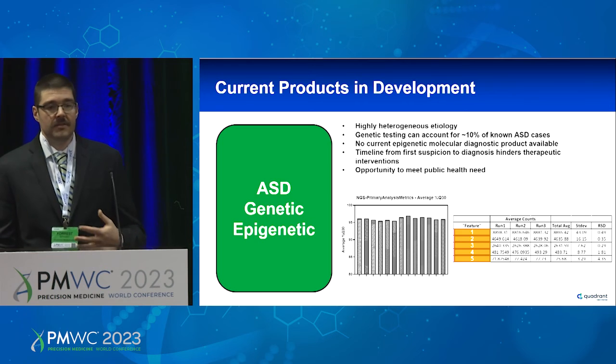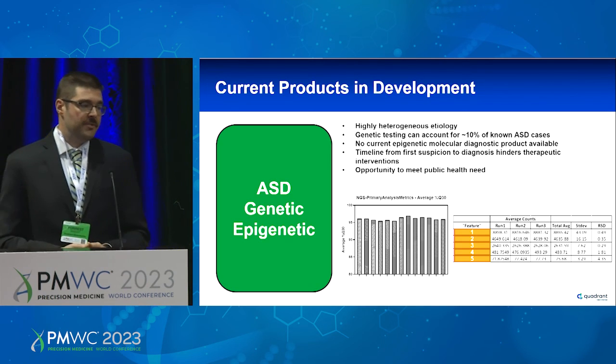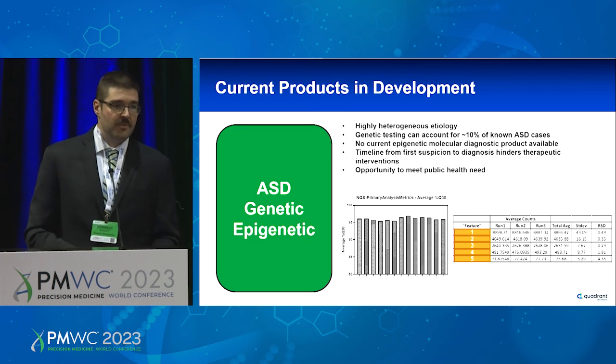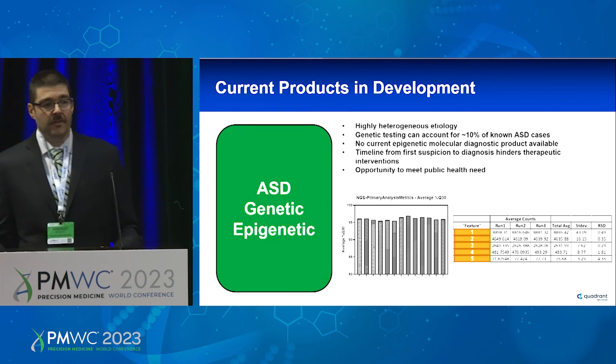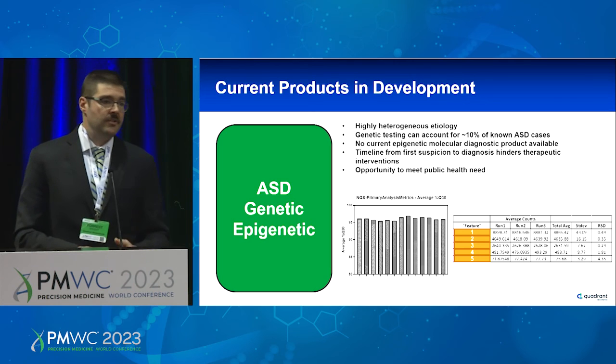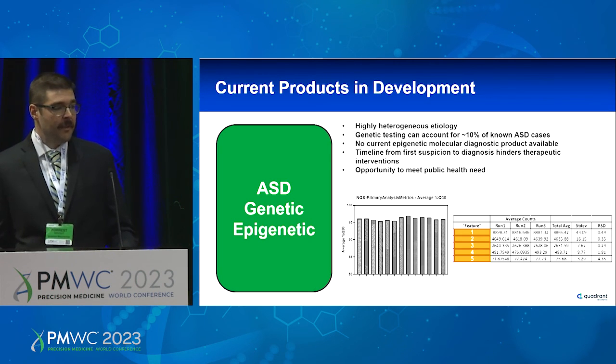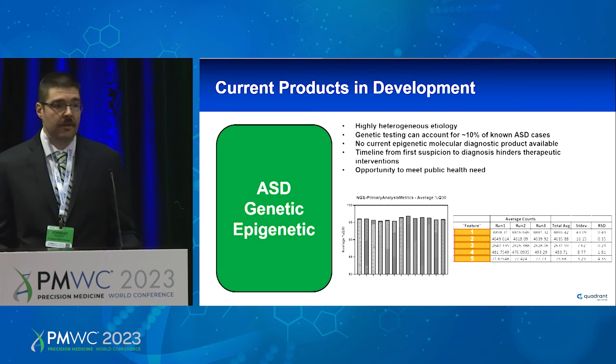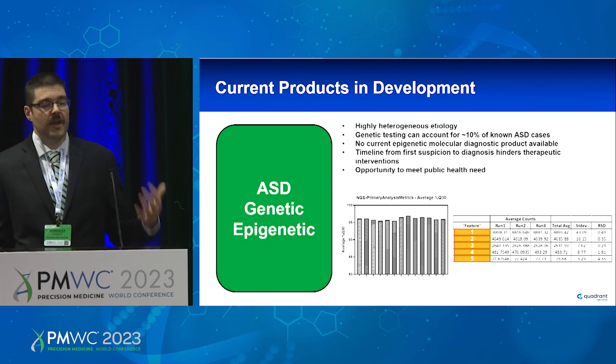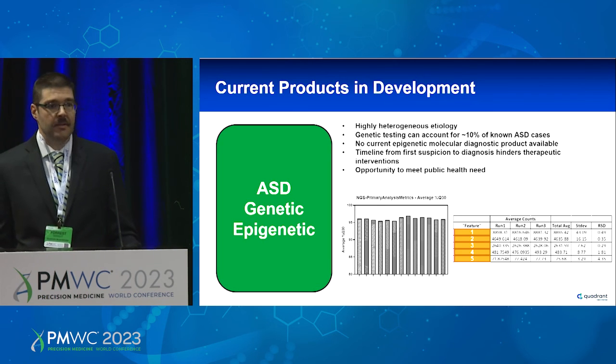One of the keys for our development and key interests was highlighted in that the timeline from first suspicion, when parents bring a concern to a pediatrician, to a final diagnosis, getting through all those appointments, the scheduling, the traveling to specialists, all the different testing, is upwards of a year, often more. And that really hinders the opportunity for therapeutic interventions.